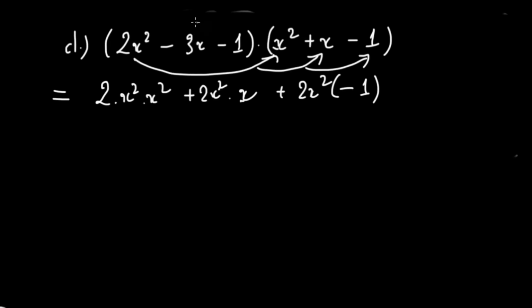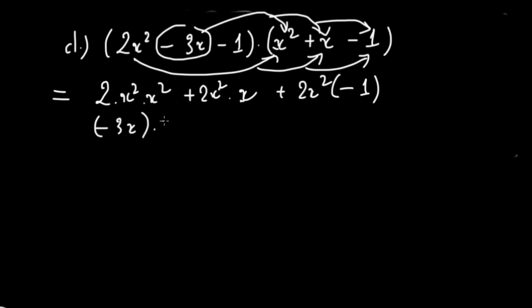Next, we take the second term of the first expression, which is negative 3x. We let it multiply to each term of the next expression. Minus 3x times x squared. Minus 3x times x. Minus 3x right here times negative 1.